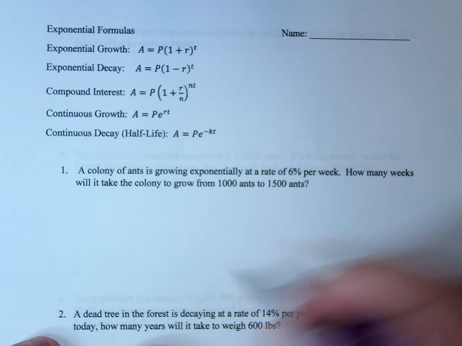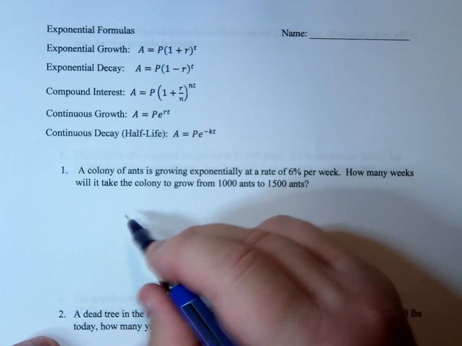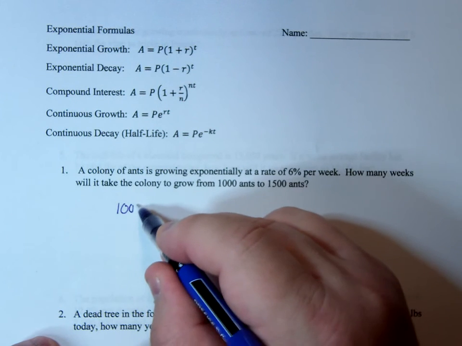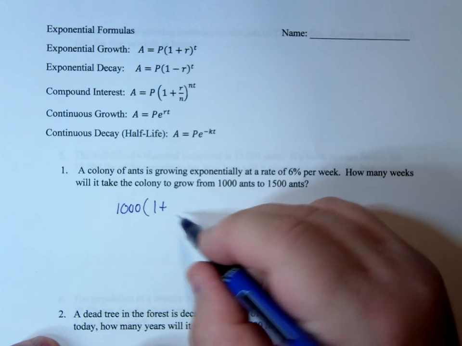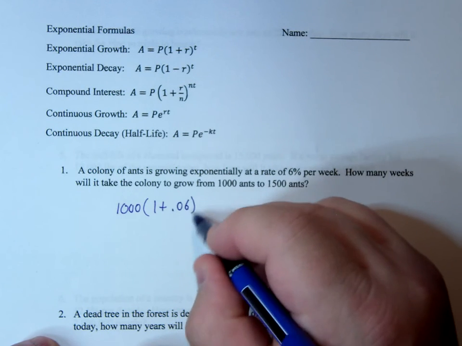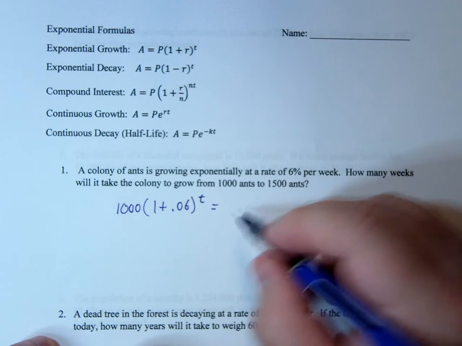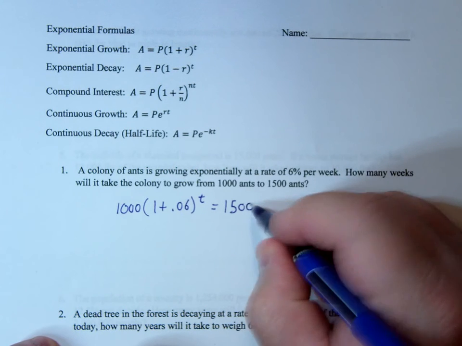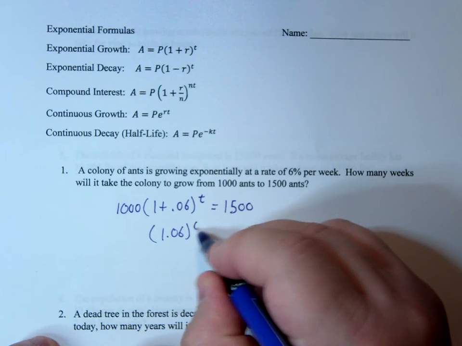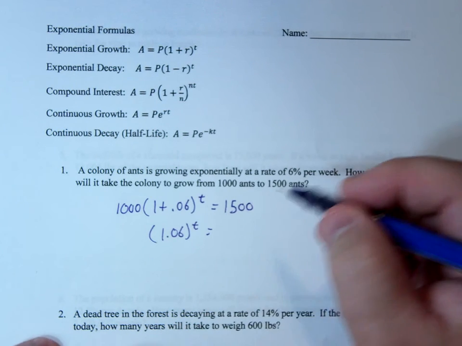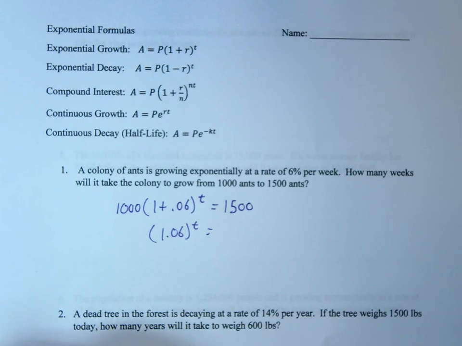Exponential rate 6%, so start at 1,000. How long is it going to take 1,000 ants growing exponentially at 6% to reach 1,500? So 1.06 to the t equals 1,500 divided by 1,000.